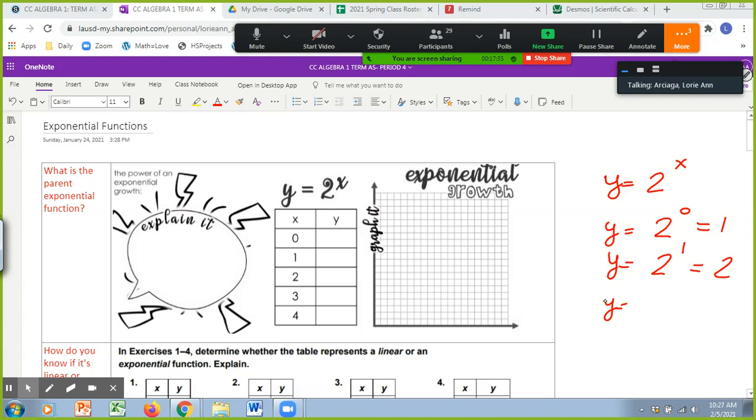Next. How about 2 raised to the second power? So you type, I will write, okay? 2 to the second power means you gotta go 2 times 2. 4. You guys agree with Juliet?